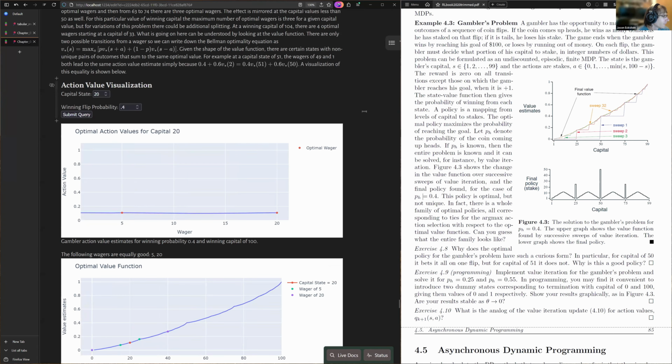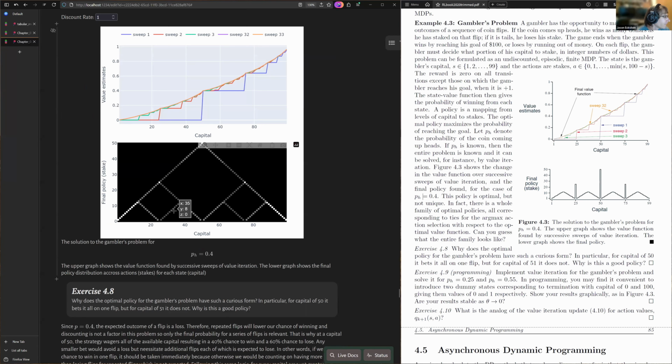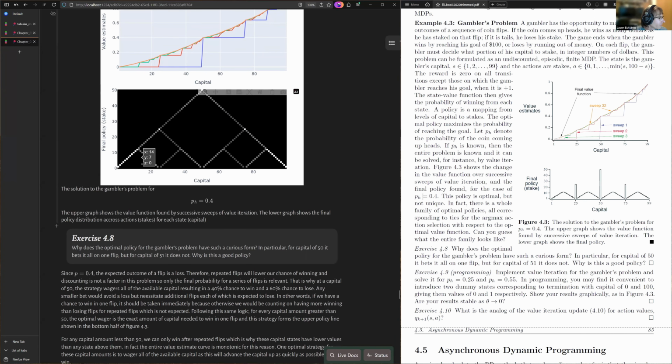Let's say we have capital of 20, and the coin has a 0.4 bias. From this diagram, you can see there should be two equally good actions here. One of which brings us higher, and the other brings us to a lower state. So there are two different bets that we may make.